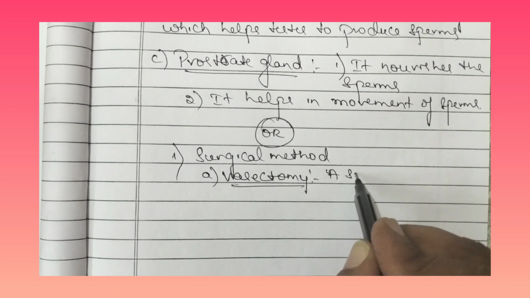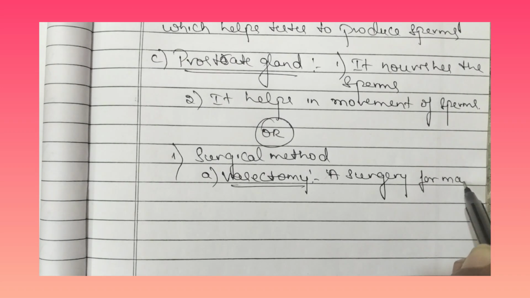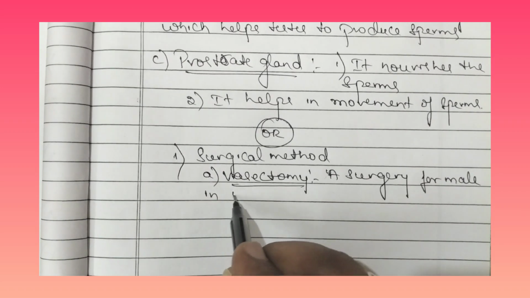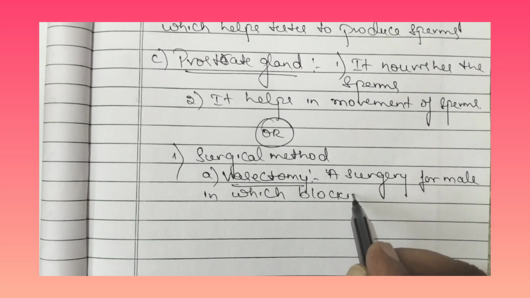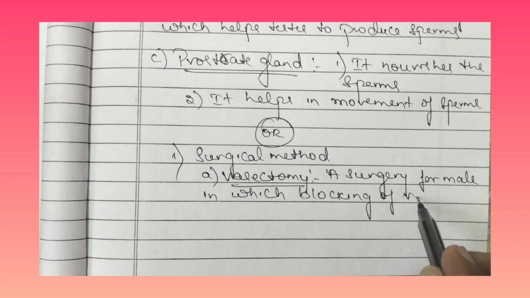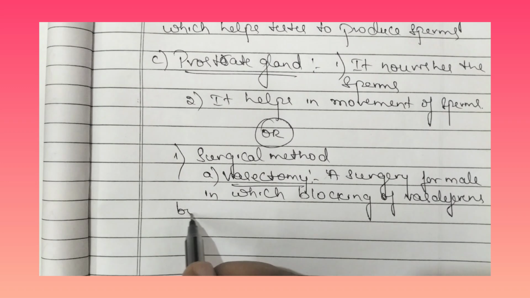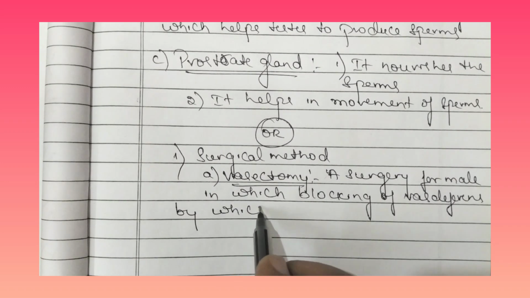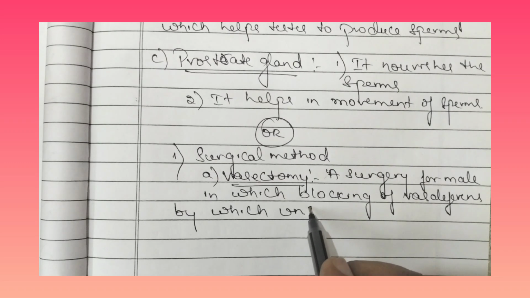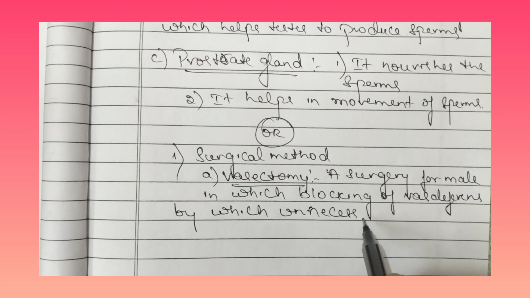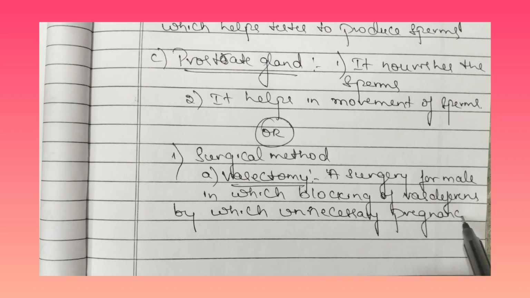Vasectomy, a surgery for male in which blocking of vas deferens, by which unnecessary pregnancy is avoided.